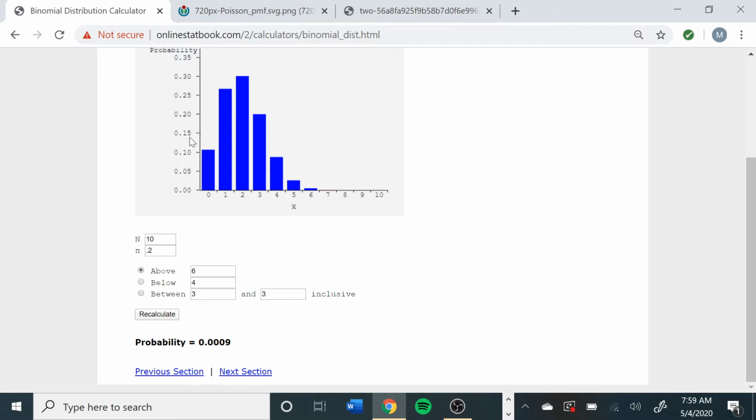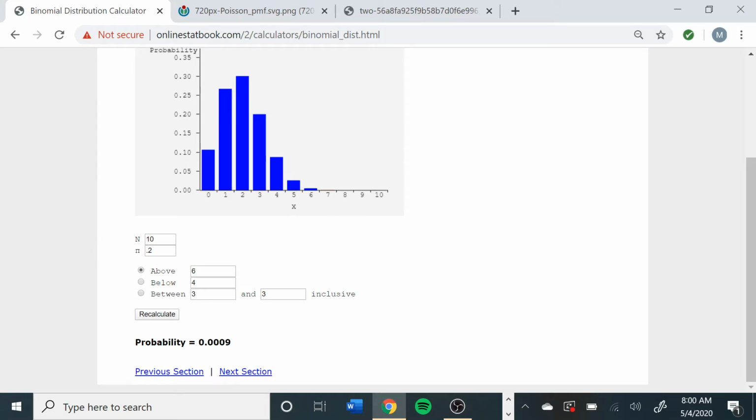Then notice that the shape of the binomial distribution is quite different. Part of the reason is it's just scrunched up this way. You can't have less than 0 as an answer. On the other hand, if you're flipping it 10 times, you could conceivably get 10 heads. It's just the probability of that is really low, which is why we can't even see it here.